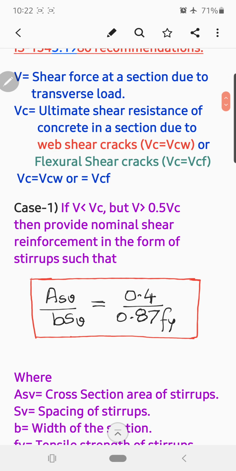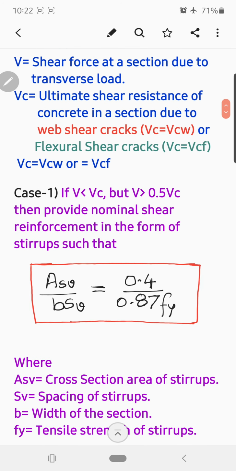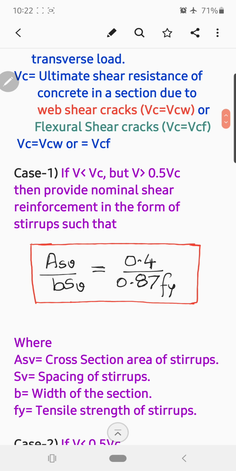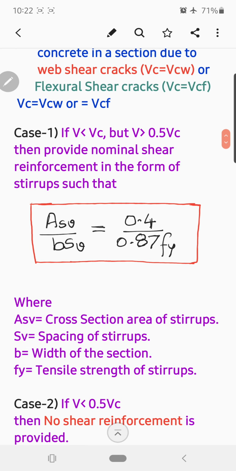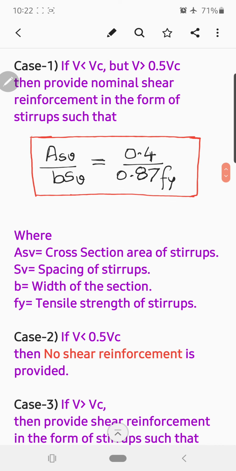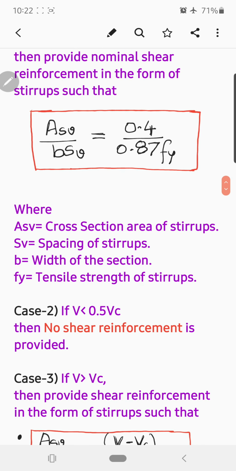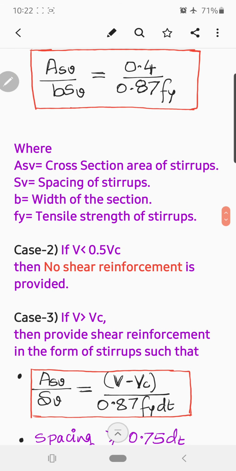So in that case, as per IS 1343, we should provide nominal shear reinforcement in the form of stirrups such that Asv by b into Sv is equal to 0.4 divided by 0.87 fy, where Asv is the cross-section area of stirrups, Sv is the spacing of stirrups, b is the width of the section, and fy is the tensile strength of stirrups. Now these stirrups are HYSD steel bars, not the HTS bars. So normal HYSD bars are used.